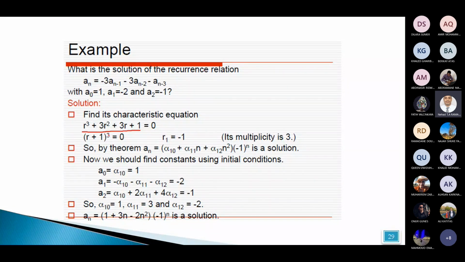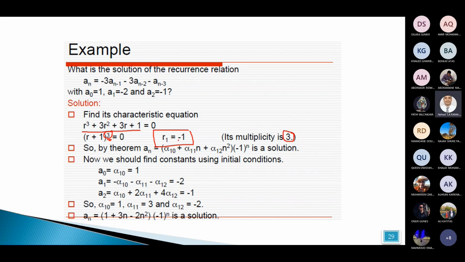It's r to the power 3, so it will give us one solution. But one solution 3 times, because it's power 3 here. So the multiplicity here is 3.